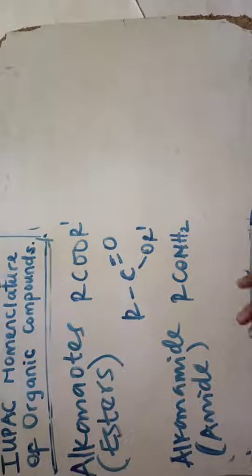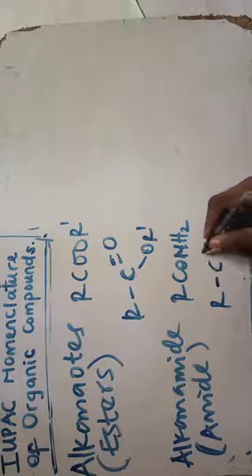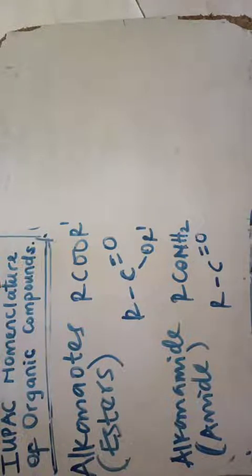You can also call it the carbamide group, and the molecular structure is R, C double bond O, and I'm going to have my NH2 here as well. These are very strong functional groups.